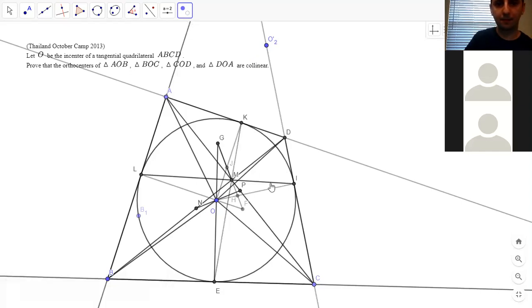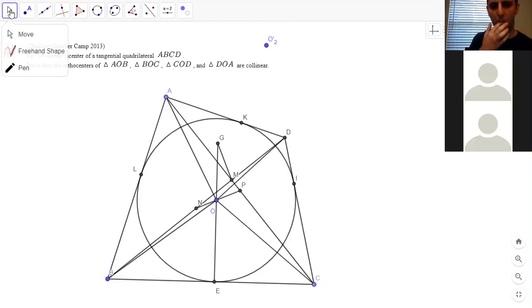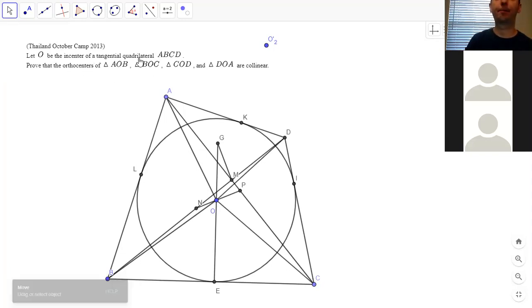Okay. Yeah, I feel like there's not enough problems about inscribed or tangential quadrilaterals.